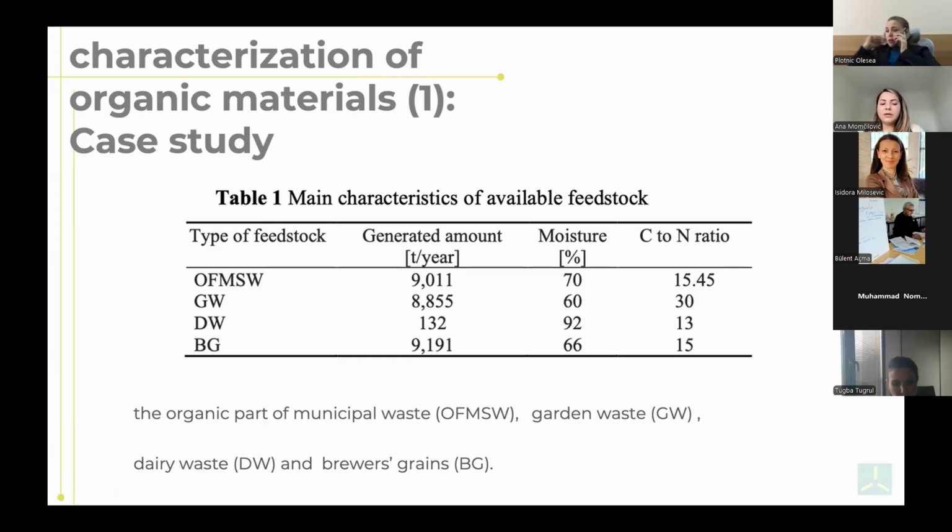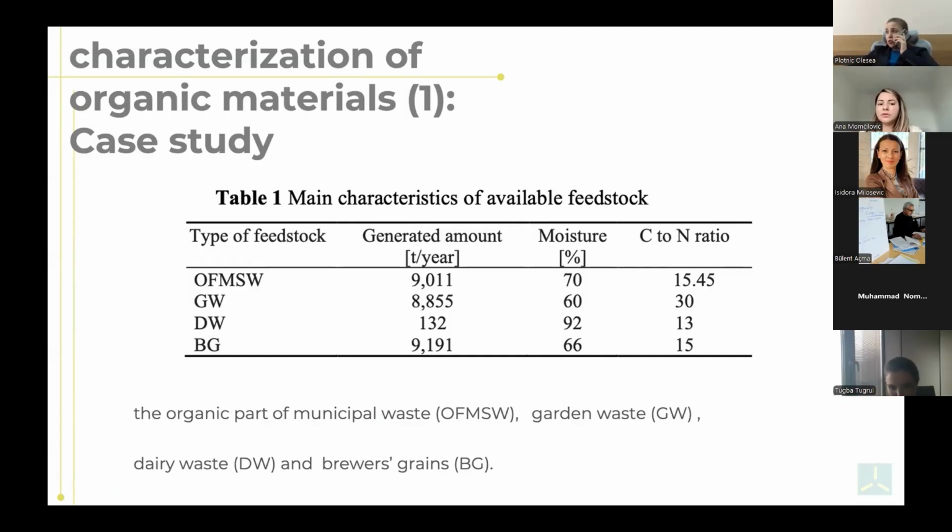And there is a milk industry in the city, so we looked at dairy waste. And also, because there is a brewery, we looked at brewers' grains. As you can see, there are significant amounts of waste that is generated.